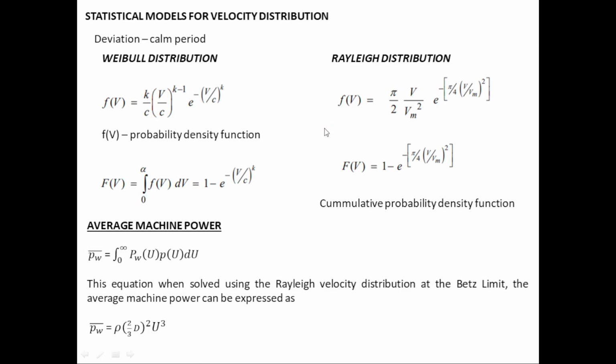And the Rayleigh distribution is one of the simplest ones. Here the Vm is the mean speed of the wind.